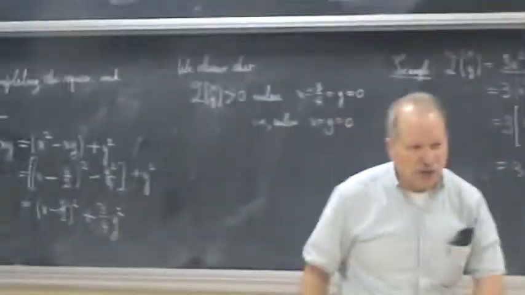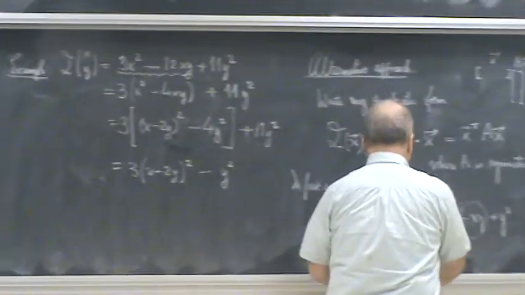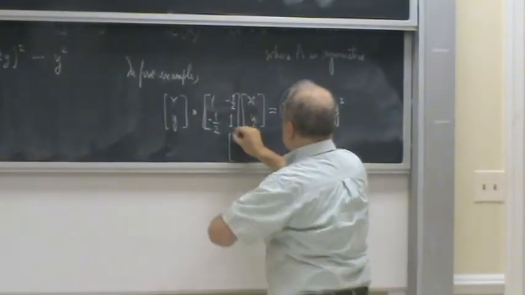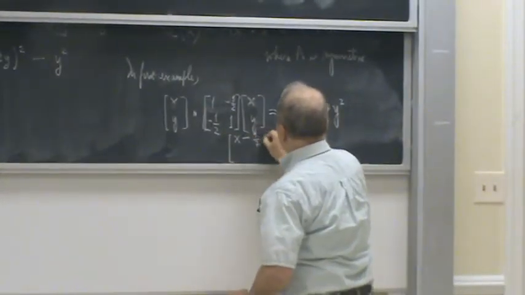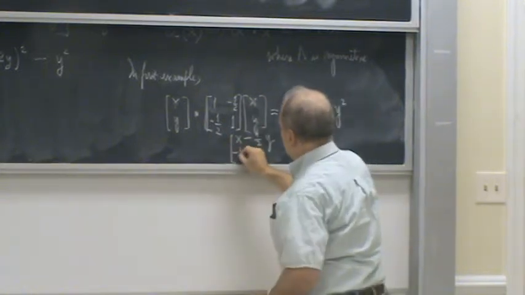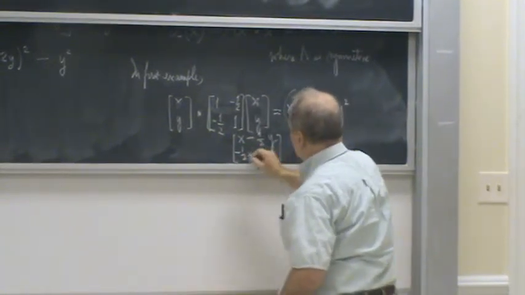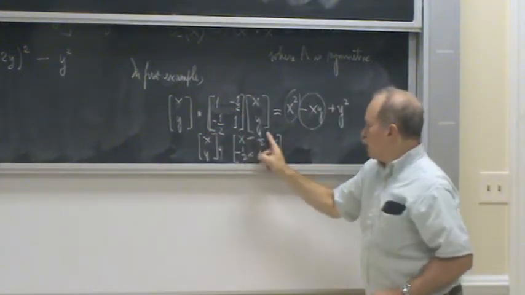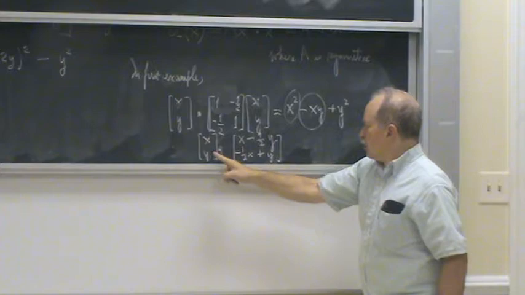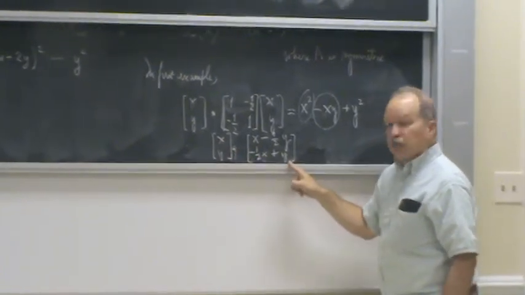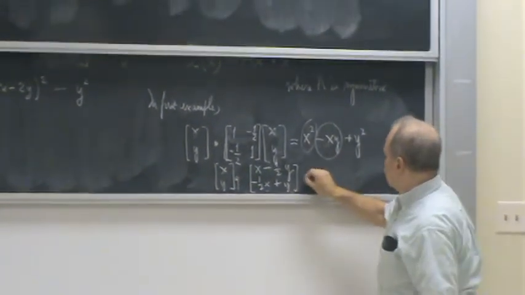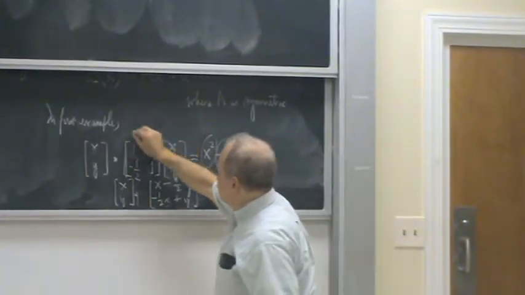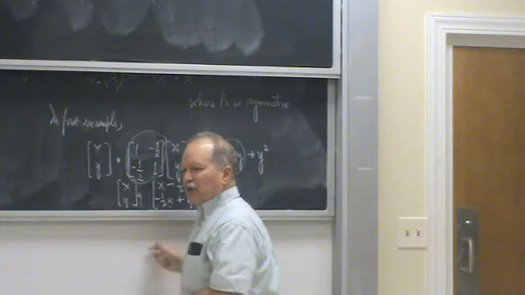If you're having trouble following what I'm gesturing here, do this matrix product, and you get 1x minus a half y, and then you get minus a half x plus y, and now dot it with x y, and then you see it, right? You get x squared minus half xy minus half xy plus y squared. Here's my symmetric matrix for that problem. You guys tell me what it is for the other one.